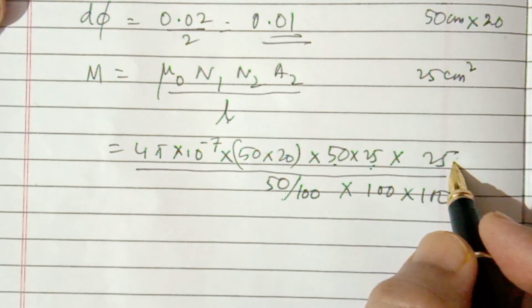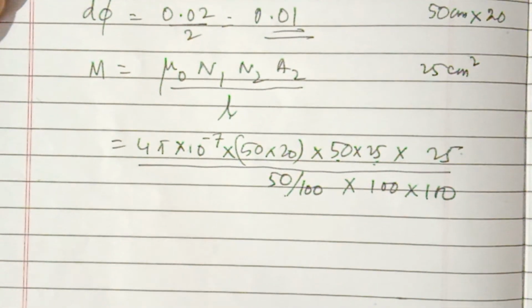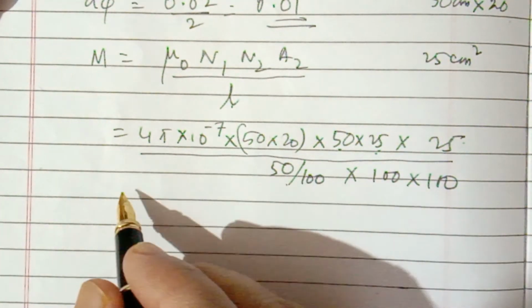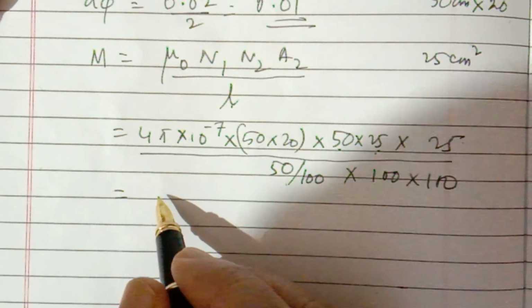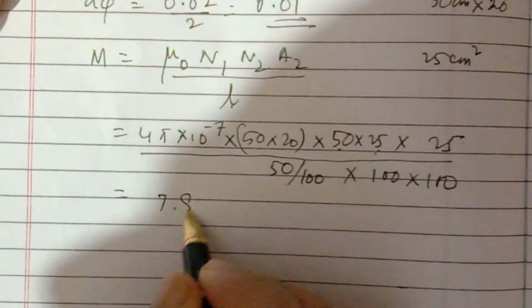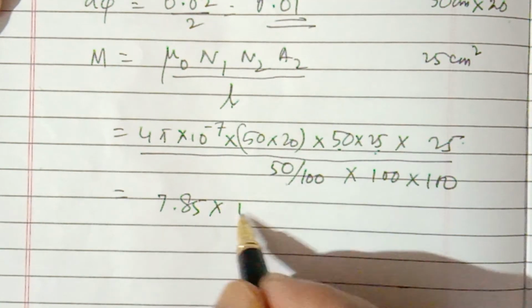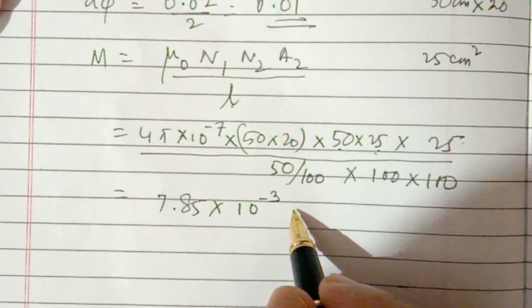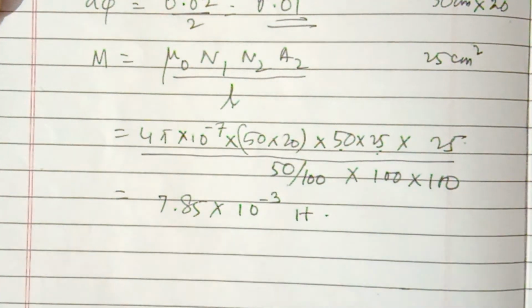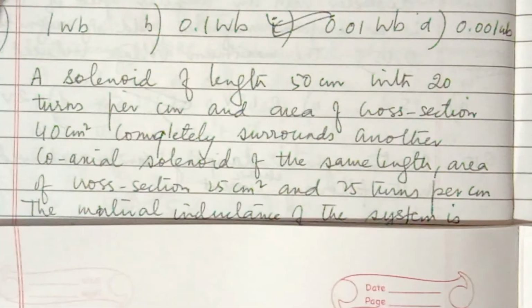And this is centimeter square, so you have converted it. If you solve it, you will get 7.85 into 10 to the power minus 3 Henry. So this is the answer.